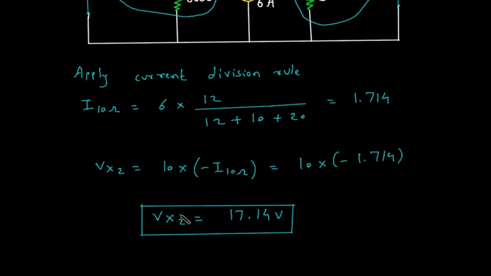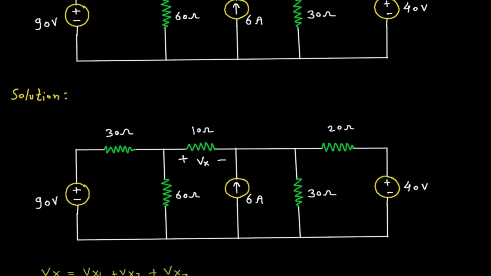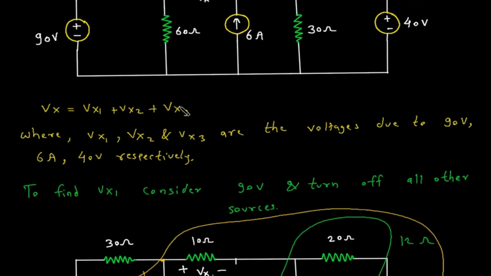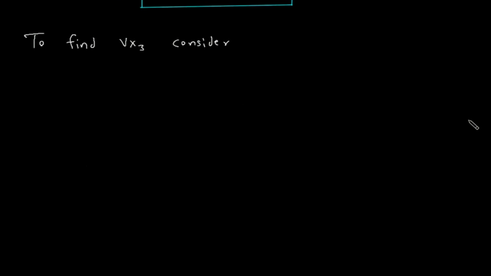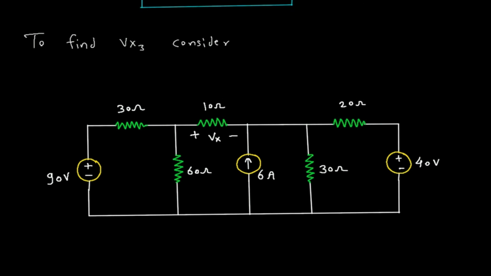Next we have to find Vx3. So to find Vx3 we will consider the 40 volt voltage source, and turn off all other sources.